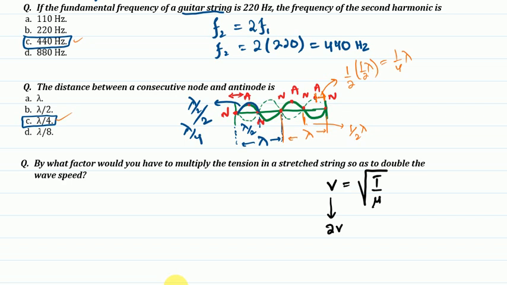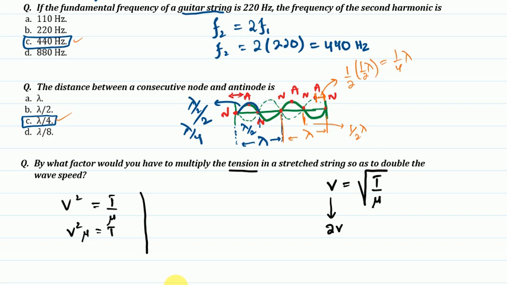So what we will do, let us do this complete problem. V square is equal to T upon mu. What I did, I took the square on both sides. All right, so V square mu is equal to T, and we need to find this particular tension, that is, what would be the tension if the velocity becomes double.